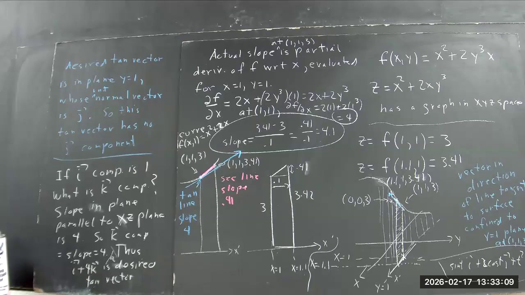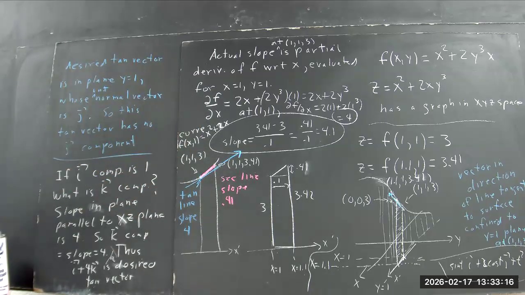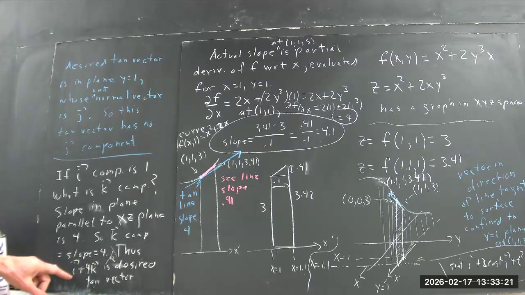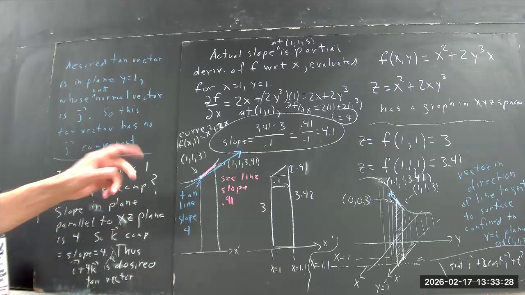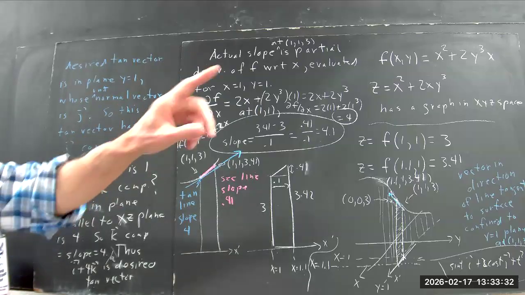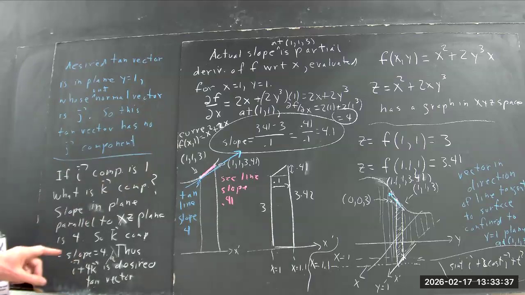It's just going to be i plus j plus 3k plus t times (i plus 4k). In other words, you've got your point, you move along parallel to this vector, you add t times the vector. That's how you do the parametric equation of a line, right?